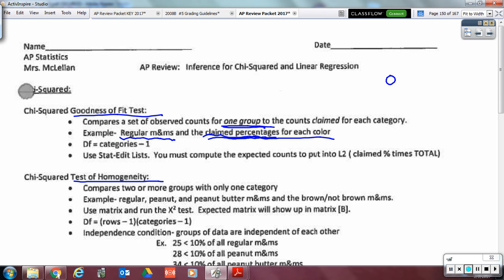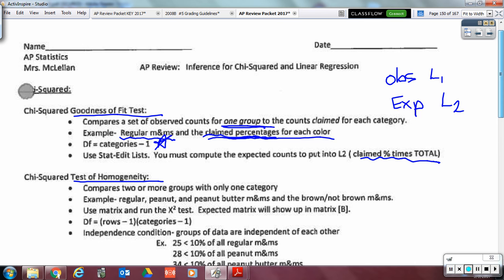So you put your observed data into list 1, and you put your expected counts, turn them into counts, into list 2. Remember, percent times the total will be how many counts you expect. Your degrees of freedom is categories minus 1. So if it's 5 colors, degrees of freedom would be 4, because it would be colors minus 1.